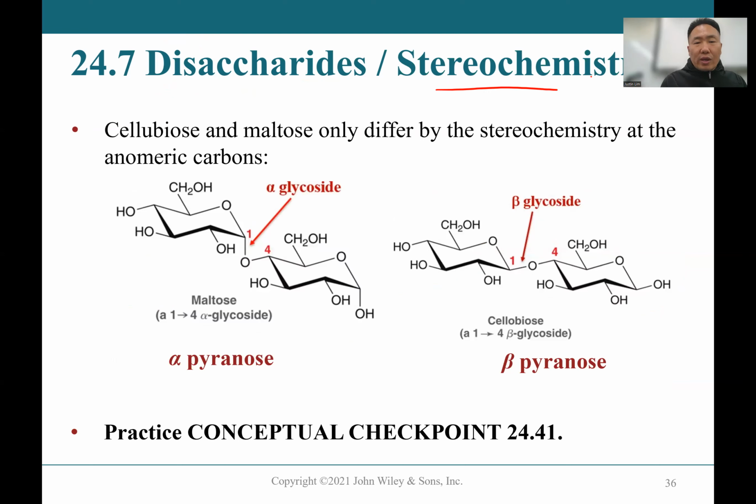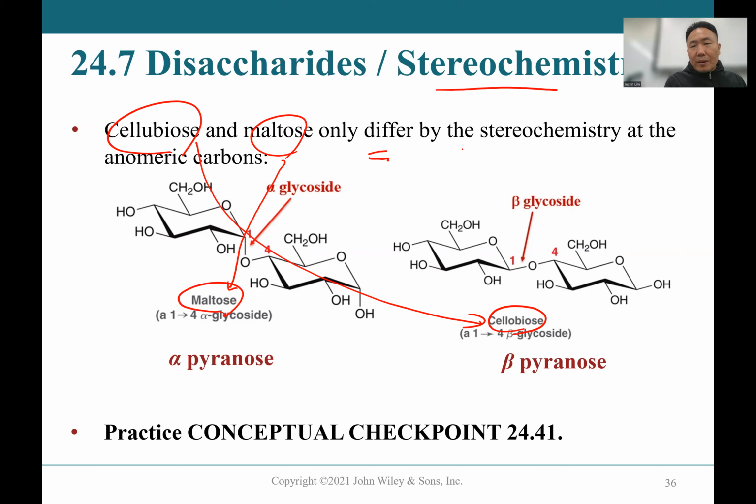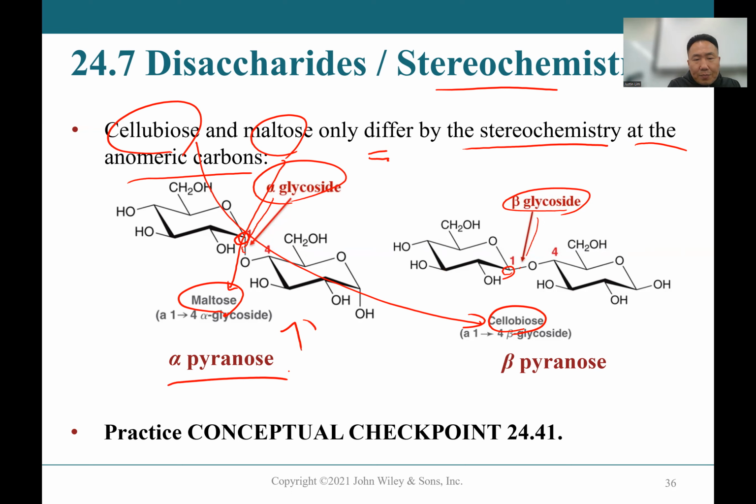Let's check stereochemistry. Cellobiose and maltose only differ by the stereochemistry at the anomeric carbon. When you see the anomeric carbon, this one C1, you can see an alpha glycoside. To the bottom, at C1, you can see a beta glycoside. This is alpha pyranose.